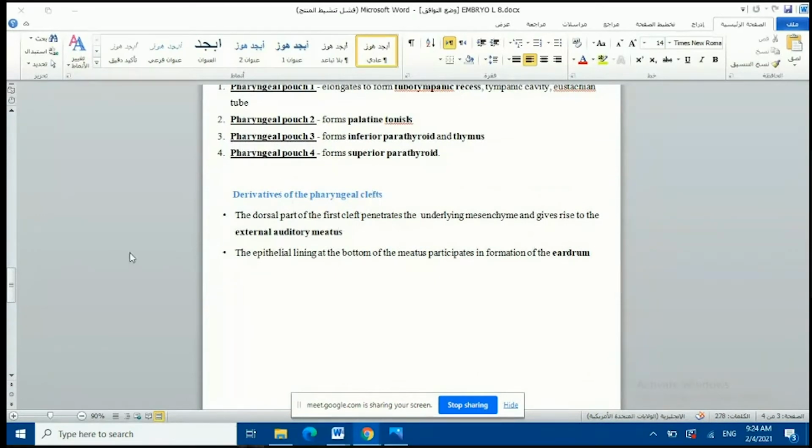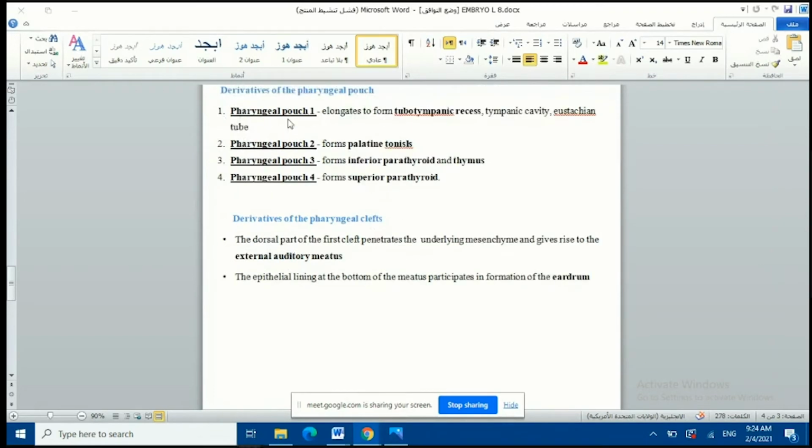And the most important thing you need to know about it is the dorsal part of the first cleft will penetrate the underlying mesenchyme and will give rise to the external auditory meatus. Okay, look, as you see right here, the pharyngeal pouch number 1 will form the tympanic recesses, tympanic cavity, and eustachian tube, and also the cleft itself is related to the auditory system, the ear itself, in that it will form the external auditory meatus.